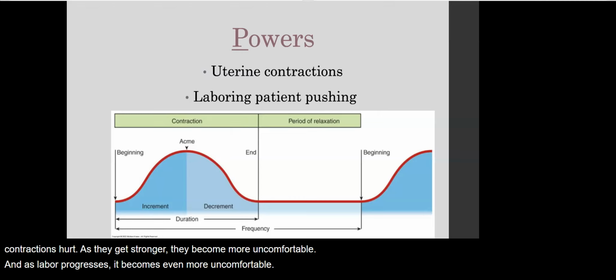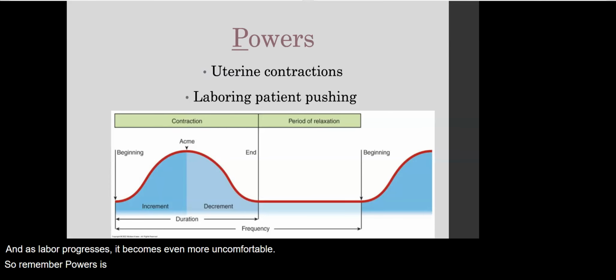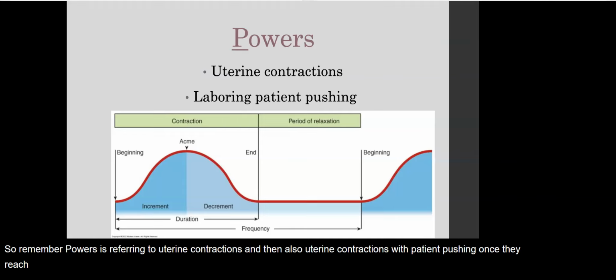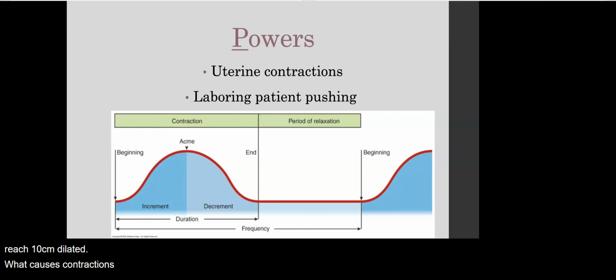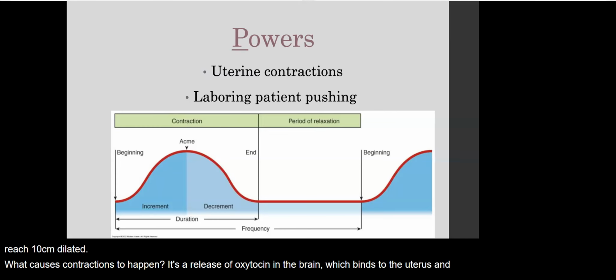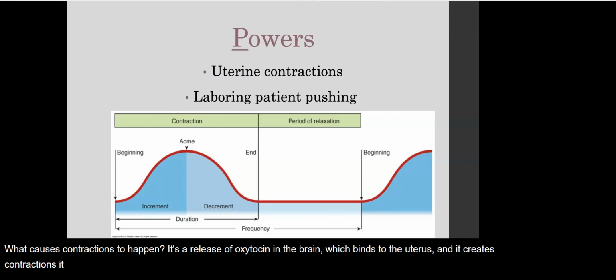So remember, powers is referring to uterine contractions and then also uterine contractions with patient pushing once they reach 10 centimeters dilated. What causes contractions to happen? It's a release of oxytocin in the brain, which binds to the uterus and it creates contractions. It makes the uterus contract and relax, okay?